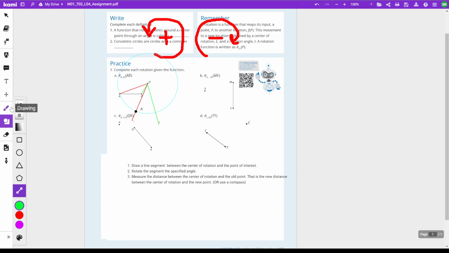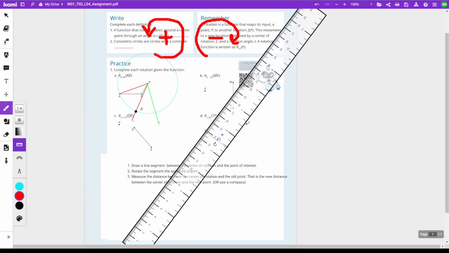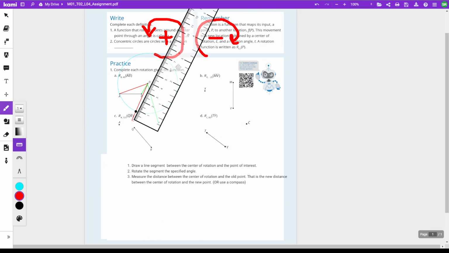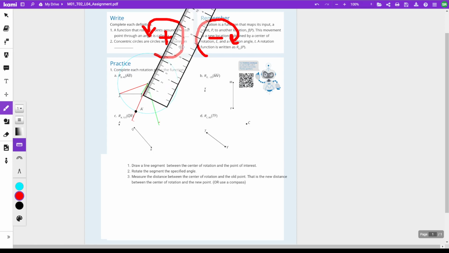And now we're going to get our ruler and we're going to measure. So this is step 3. So bring the ruler. Okay, let's rotate it a lot, maybe.